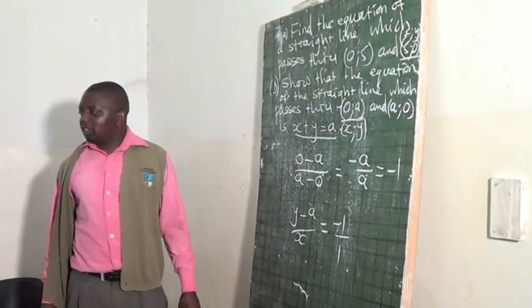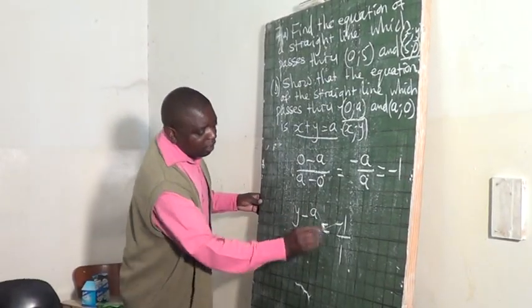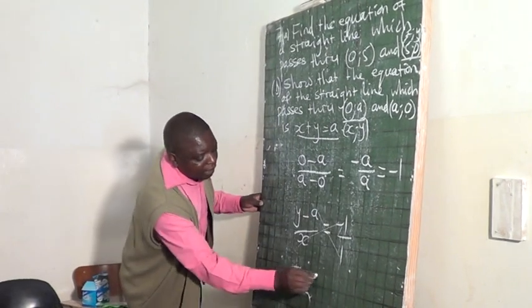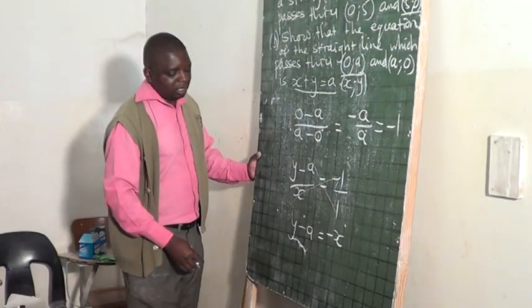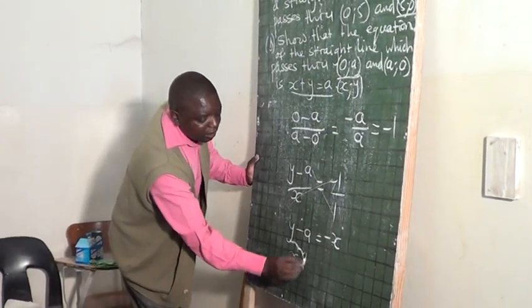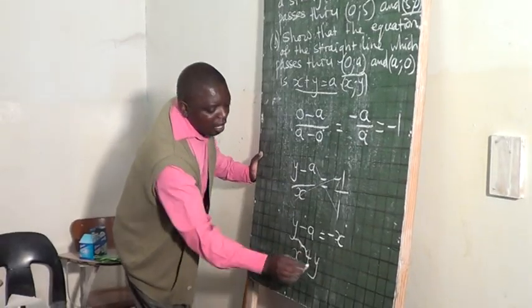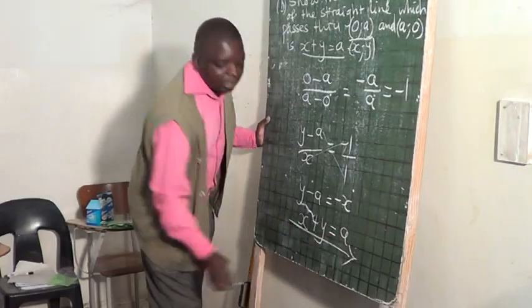Cross multiplying, y minus a is equal to minus x. Taking minus x across gives x plus y equal to a.